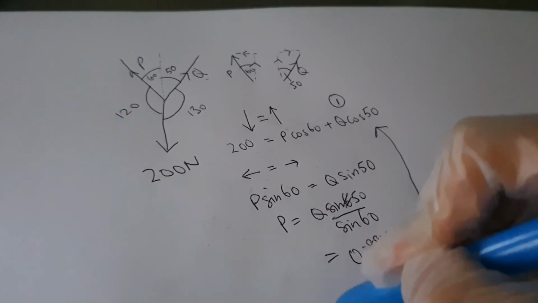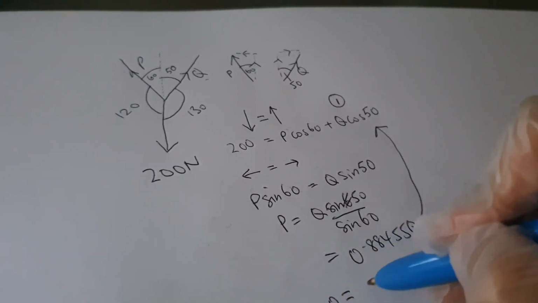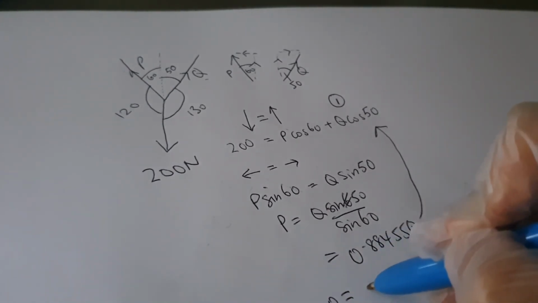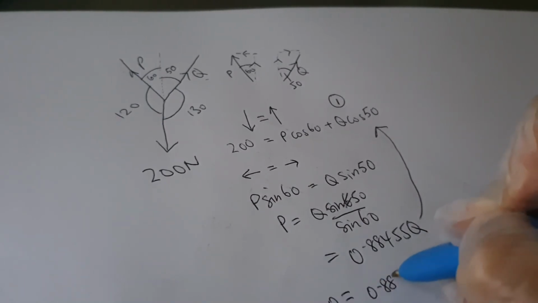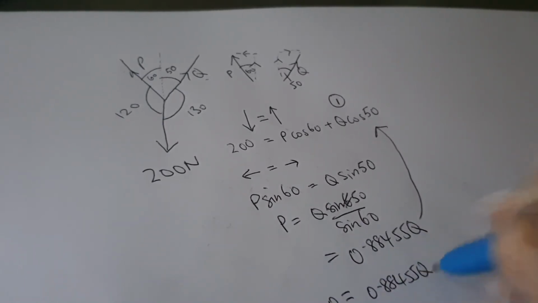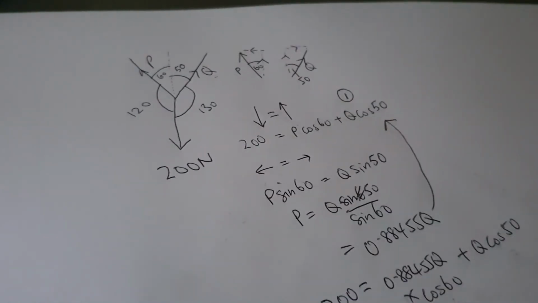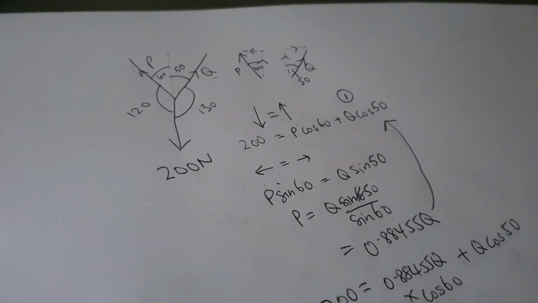Now I'm going to put that up there, right? So 200 is equal to 0.88455Q times by cos 60, add Q cos 50. So I'm just going to multiply the 0.88455 times cos 60. So times that by cos 60, you get 0.442.